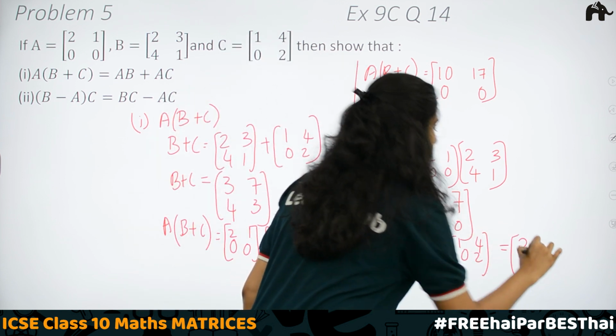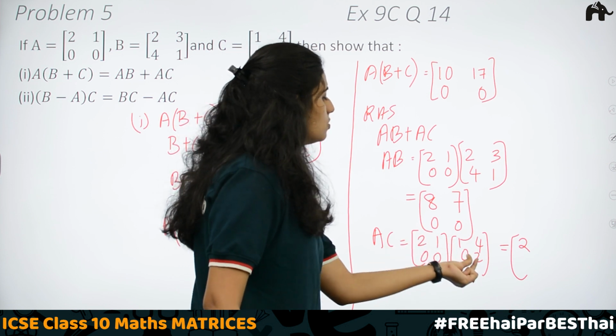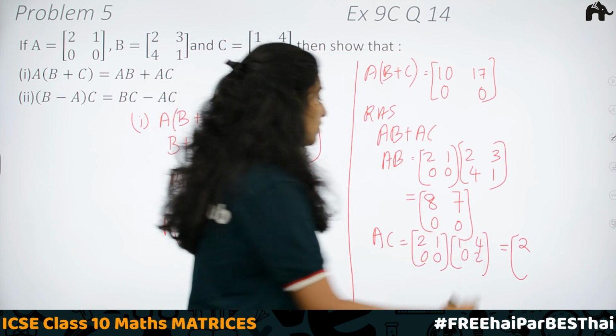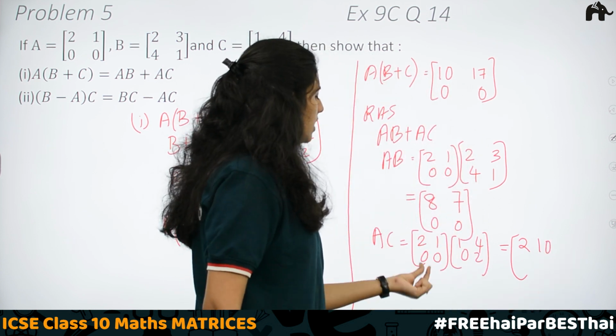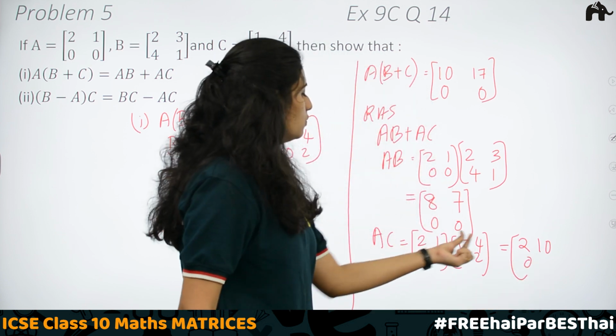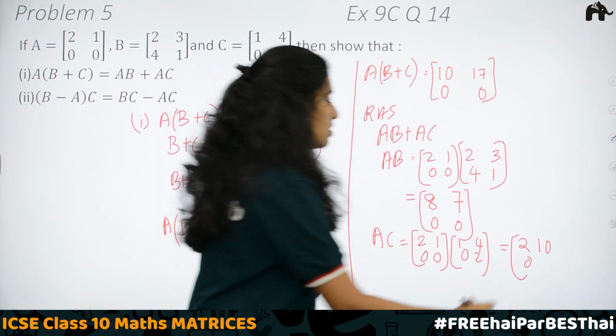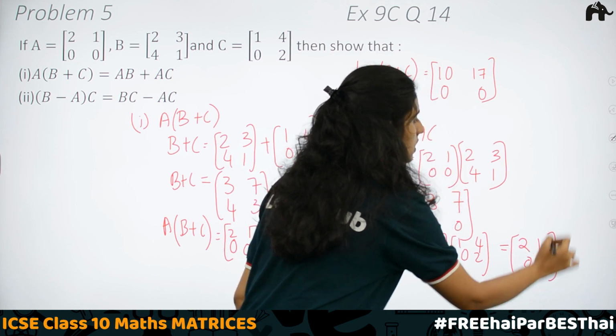We get 2 here. 2 into 4, 8. 1 into 2, 2. 8 plus 2, 10. Next, 0 into 1 and 0 into 0, that is 0. Again 0 into 4, 0 into 2, that is also 0. We got 2, 10, 0, 0.